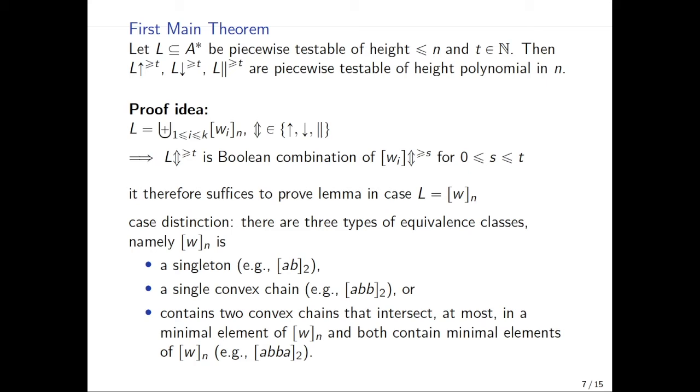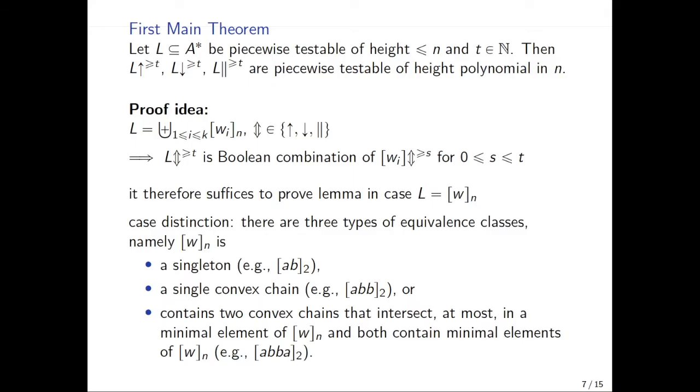So it's a chain, linearly ordered, and it's convex if you have 2 elements in this chain and some words in between the 2, then this word already belongs to the chain. It's a chain and it's convex in the order theoretic sense. And the last type says that the equivalence class, now it's more complicated, contains 2 convex chains.